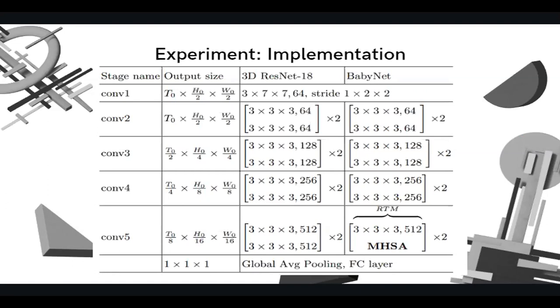And the output of the final RTM is global average pooled (GAP) and is fed into the fully connected layer with 1 neuron for the fetal birth weight prediction. This model was implemented with PyTorch and is trained using the NVIDIA RTX 2080 Ti. And during training, they applied data augmentation, which included rotation, randomizing brightness and contrast, horizontal flipping, image compression, and blur.